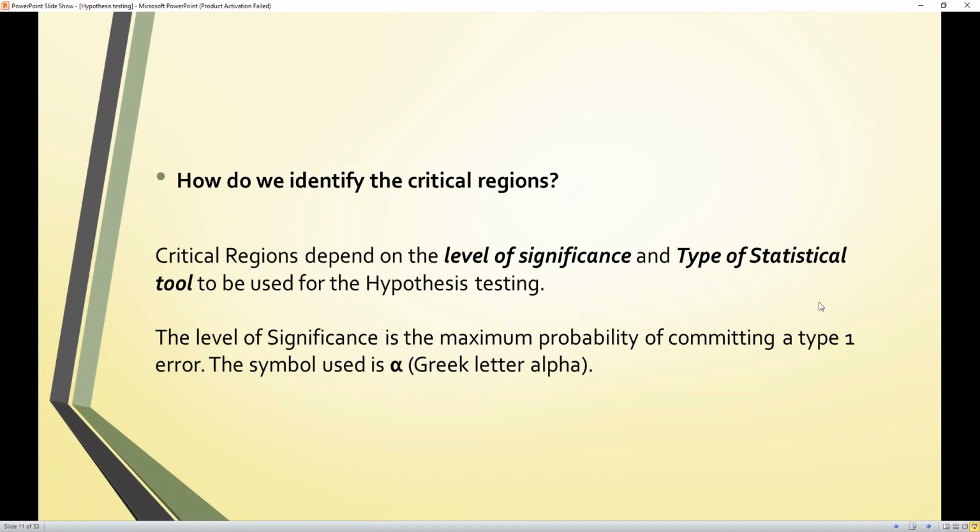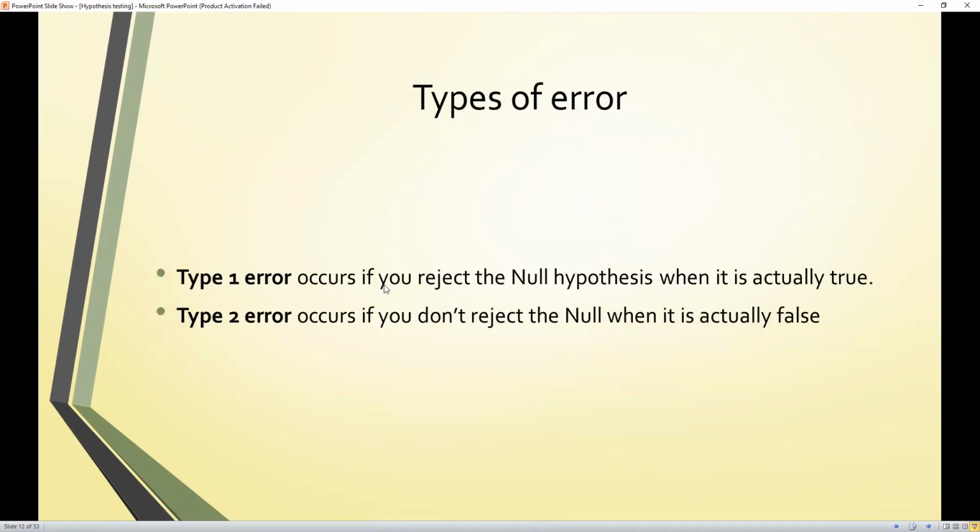But what is a type 1 error? A type 1 error occurs if you reject the null hypothesis when it is actually true, while a type 2 error occurs if you don't reject the null when it is actually false. Okay? So if you reject a hypothesis when it is actually true, then that is a type 1 error. While on the other hand, the other one is the type 2 error.